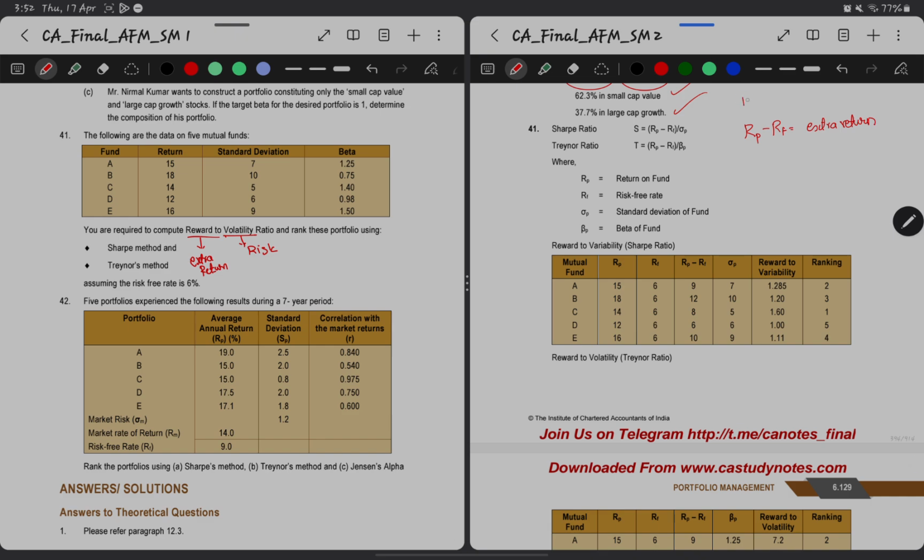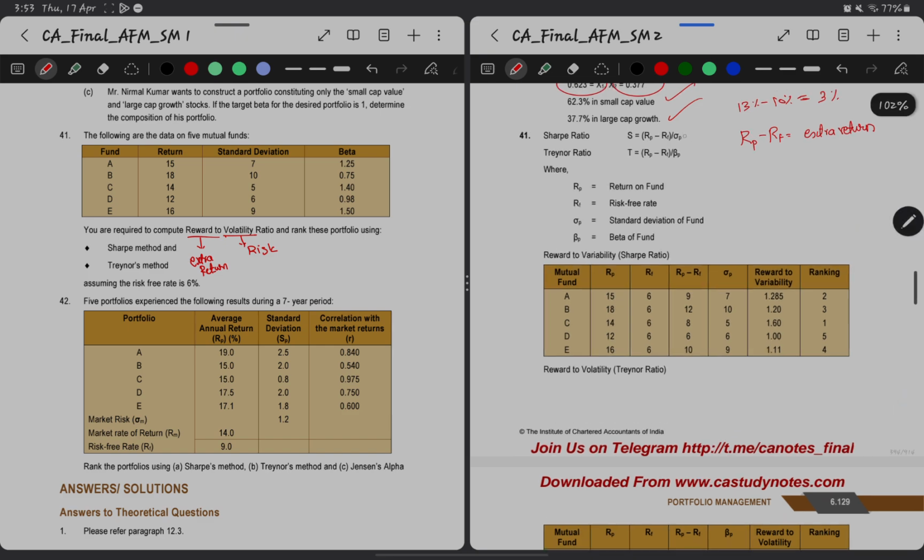Let's say if portfolio's return is 13% and the risk free return which is available in the market, like treasury bills return, is some 10%, then our portfolio is earning 3% extra more than the risk free return. Now this extra return we are earning, and how much is the per unit extra return we are earning for the total risk.